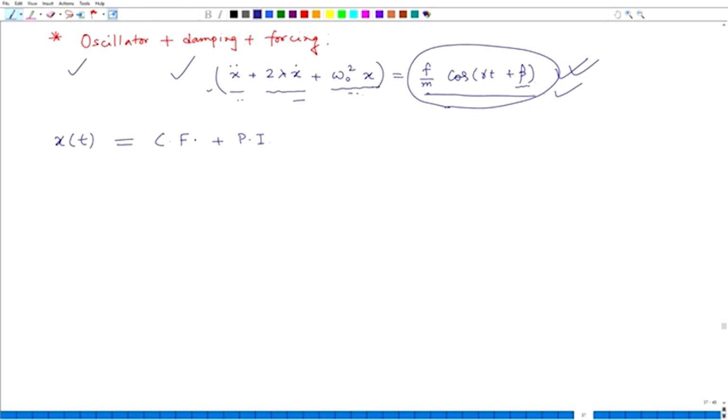We can forget this initial phase beta, we can set beta equal to 0. Now, if you do that, then you will simply have the equation x double dot plus 2 lambda x dot plus omega 0 square x is equal to f by m cos gamma t.